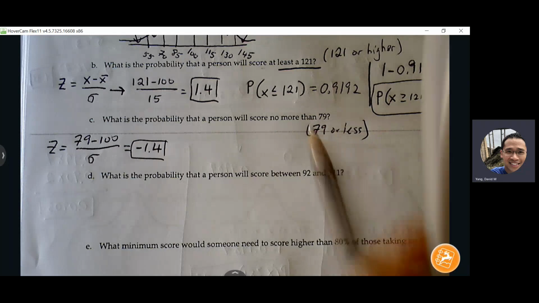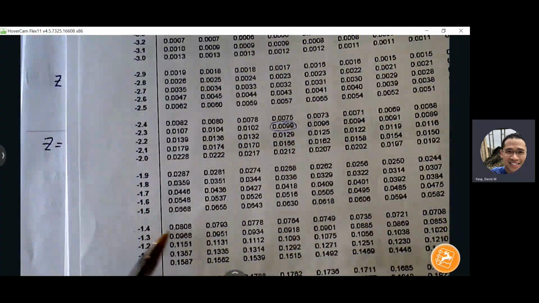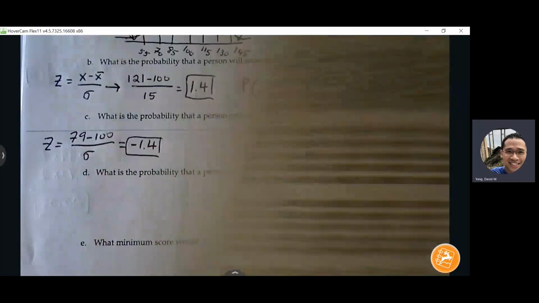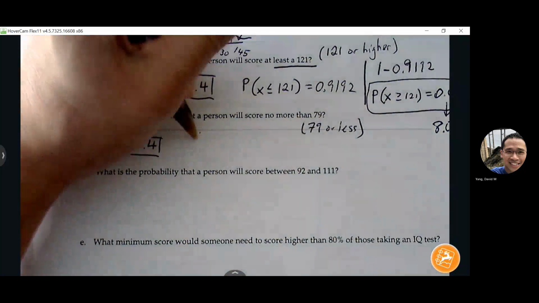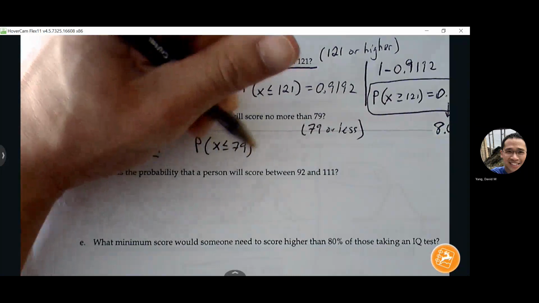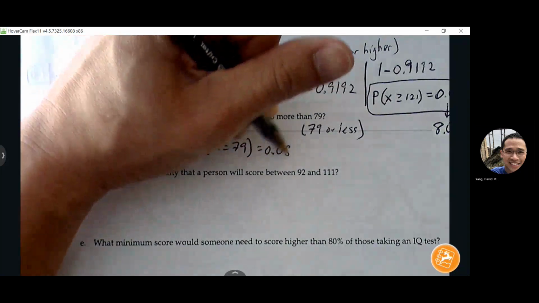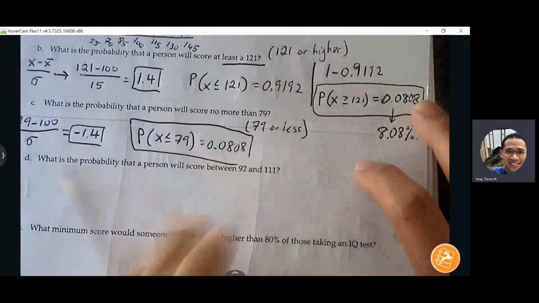Okay, negative 1.4. We go to our table on page 2, negative 1.4, 0.0808. It just happens to be the same number as above. This is the coincidence.